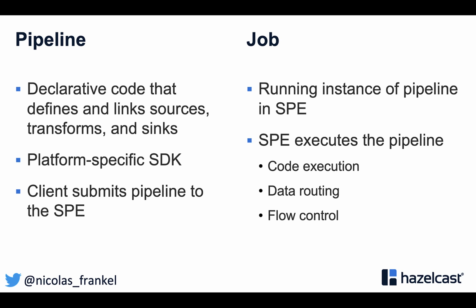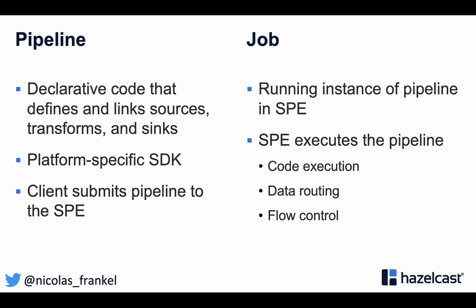Hazelcast Jet, and again, this is just an example, because other stream processing engines perhaps don't use the same word, but they have the same concept. We have two concepts, the concept of pipeline and the concept of job. Basically the pipeline is a declarative way to declare where you will be reading from, your transformations, and where you will be writing to.